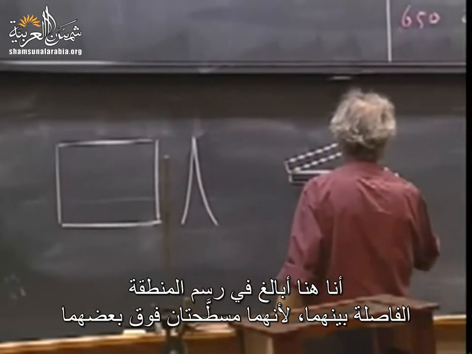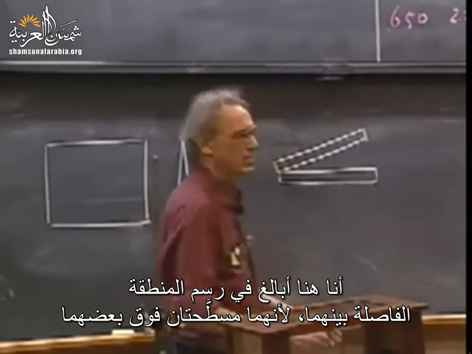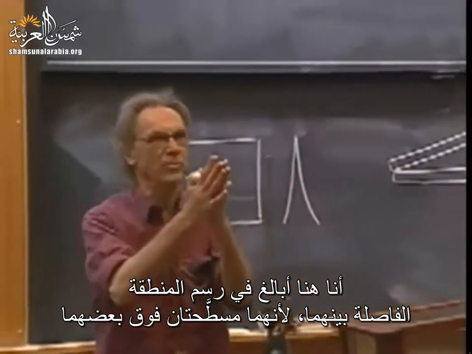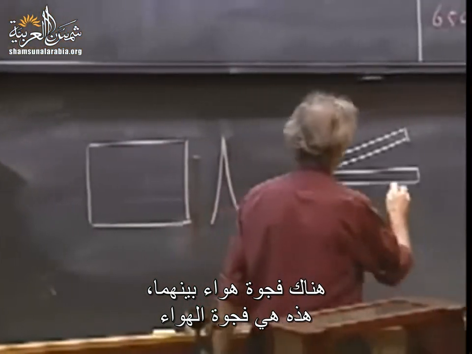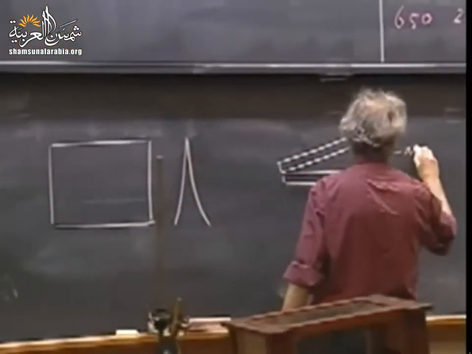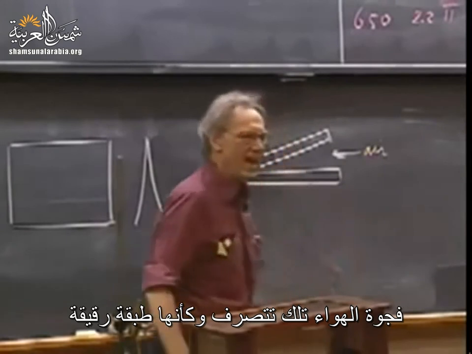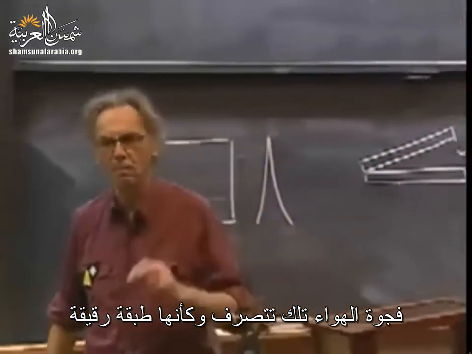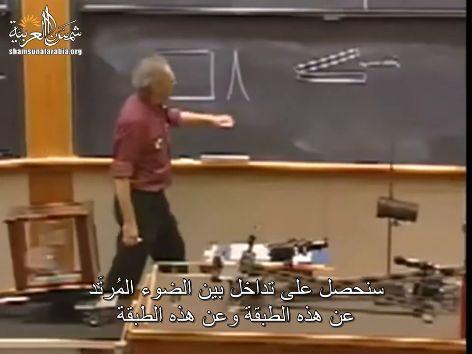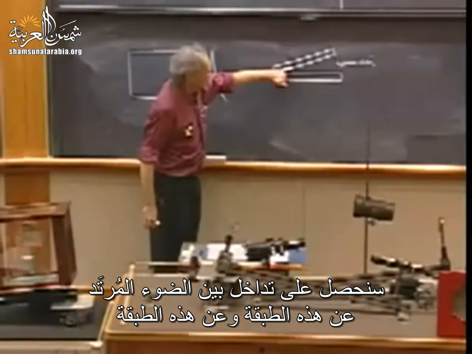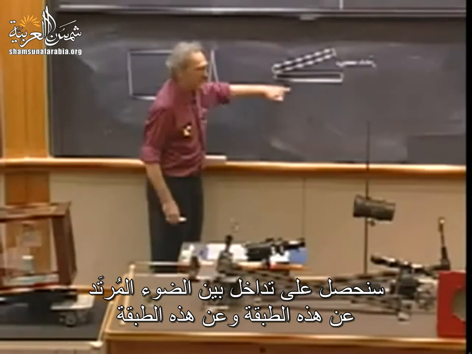And I exaggerate highly this area in between, because they are lying flat on top of each other. But there is an air gap between them. And this is that air gap. And it is this air gap now that acts like a thin film. So you're going to get interference now of light that bounces off this layer and bounces off this layer.